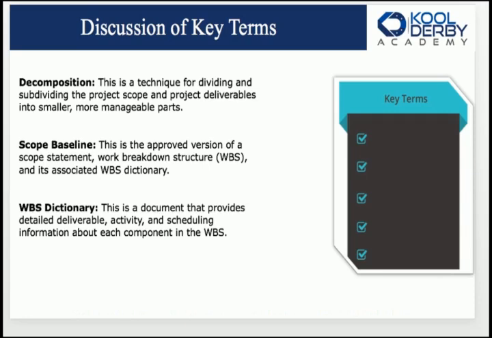First, decomposition. Anytime you see the word decomposition, know that they're probably referring to the WBS, the work breakdown structure. This is a technique for dividing, here's that word again, and subdividing the project scope and project deliverables into smaller, more manageable parts. So we take the wedding example again, now we have the venue, right?